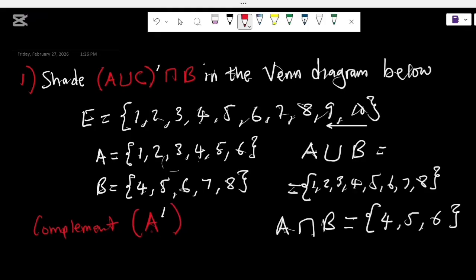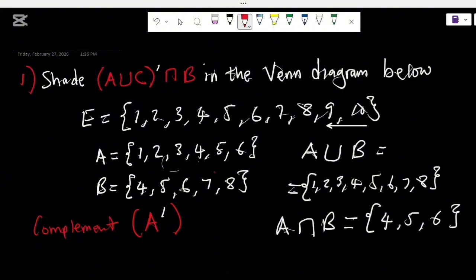So when you have the symbol for a set like set A and you have this symbol on top, this is called complement. So what does it really mean? Well, it's very simple. It simply means that you are dealing with elements that are not in this set. So, for example, when we say A complement, it means that we are looking for elements that are not in this set. You getting the point?